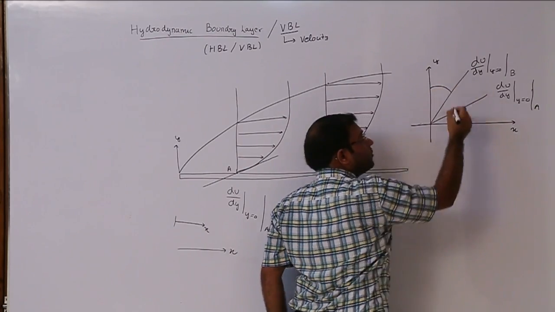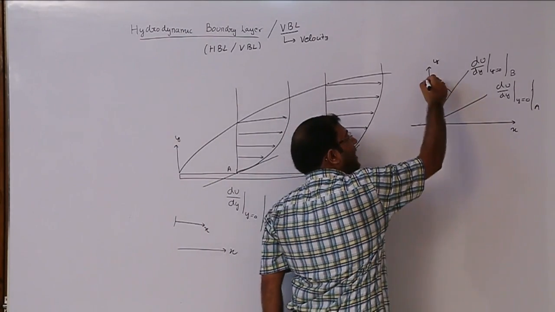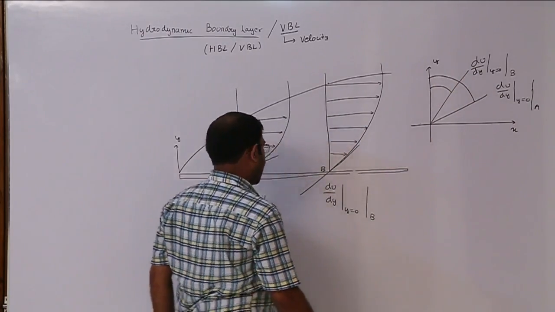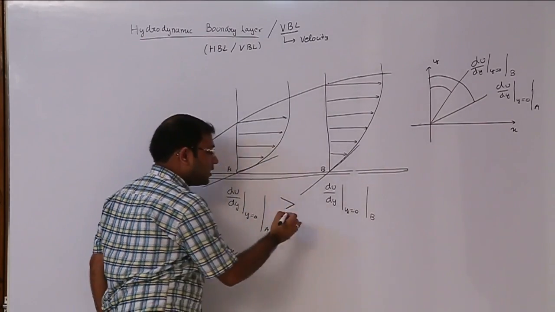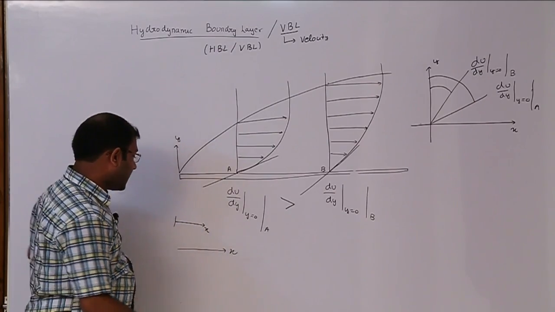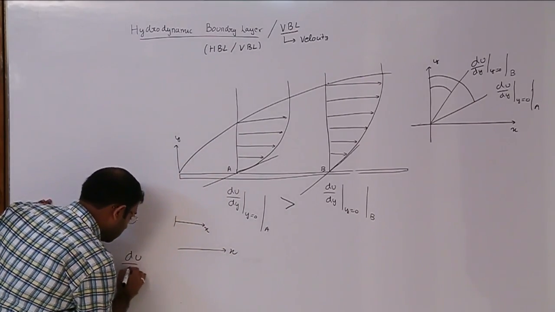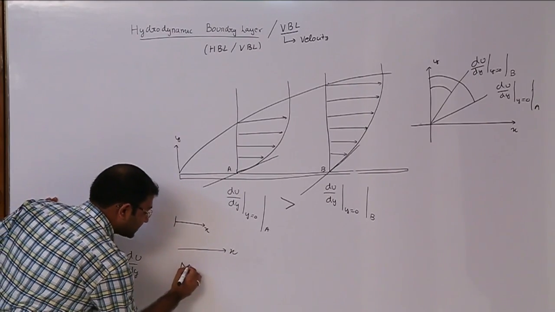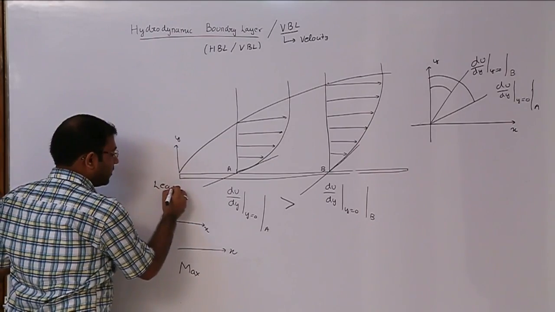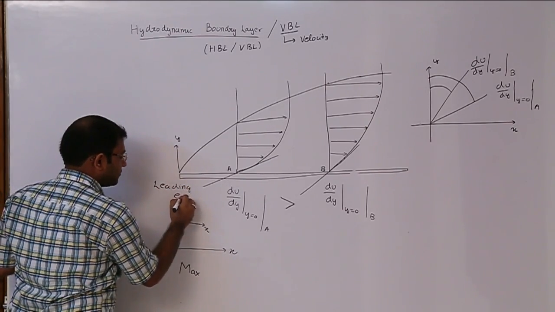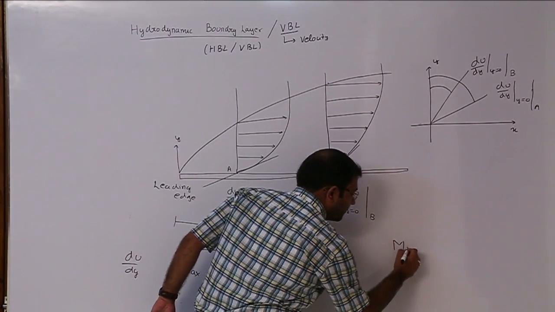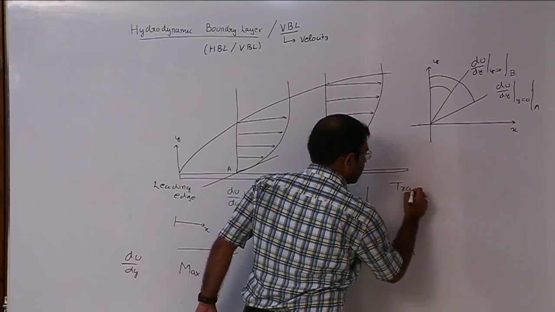This is the slope for point B and this is the slope for point A. So we see that the slope at point A is more than the slope at point B. So we see that du by dy is maximum at the leading edge, and it is minimum at our trailing edge.